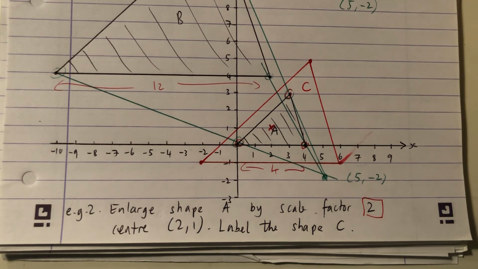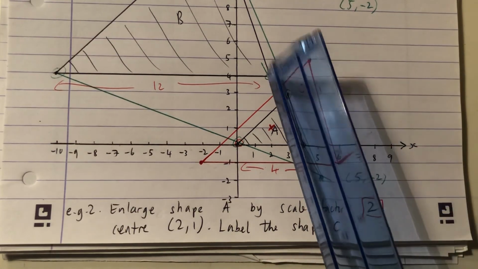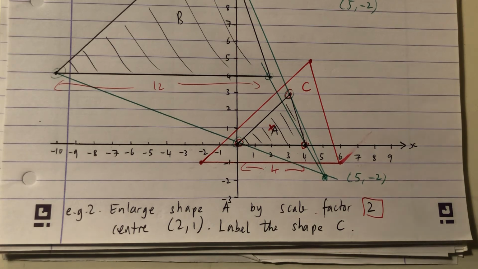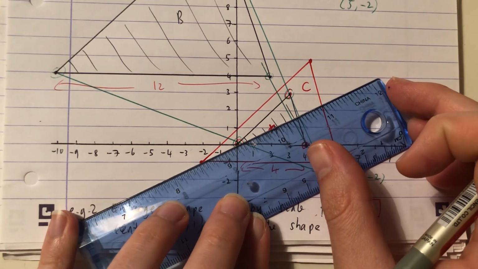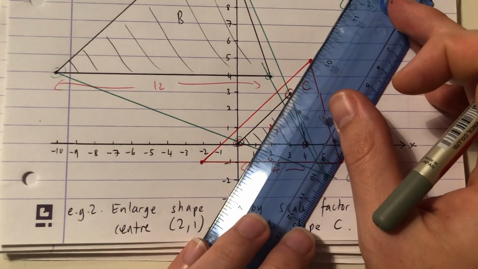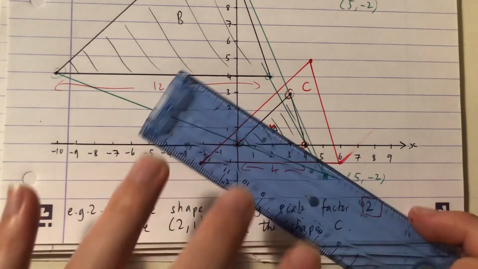One of the additional checks you can do is if you drew in the annotations that I did above, the green lines, so to visualize those going through corresponding corners, then they all pass through the centre of enlargement, which means the position is correct as well.